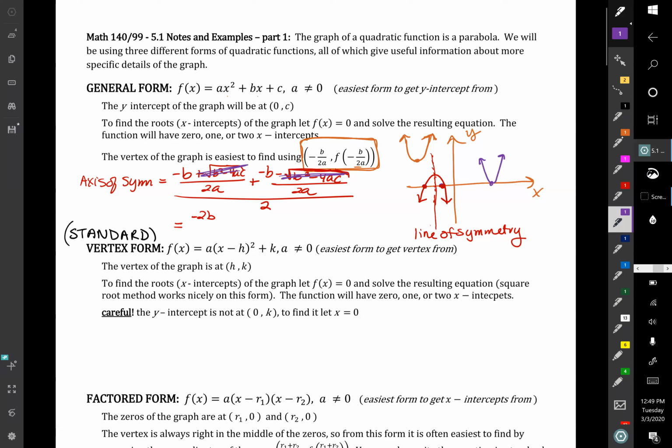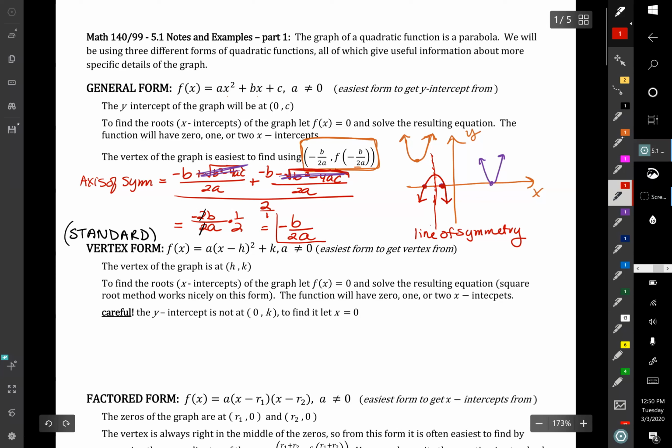So I have a 0 there, and then divided by my 2a, and remember dividing by 2 is like multiplying by a half. If I reduce here, I would end up with minus b over 2a. So that is where that comes from. It's an average of your intercepts.